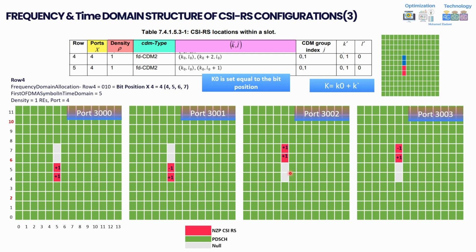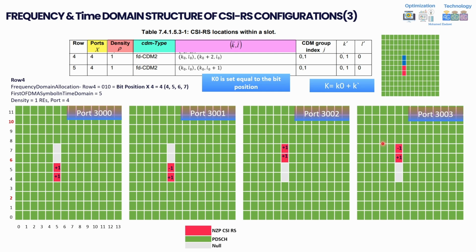And similarly for the other CDM group, which is port 3002 and 3003, they start at a different frequency domain allocation, which is here. That's why we have this FD and CDM, frequency division multiplexing, because they start at a different frequency domain, which is at 6 and 7, for example. But again, they share the exact same location, and again they are orthogonally allocated to each other.